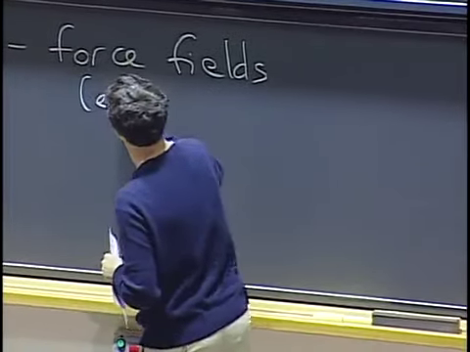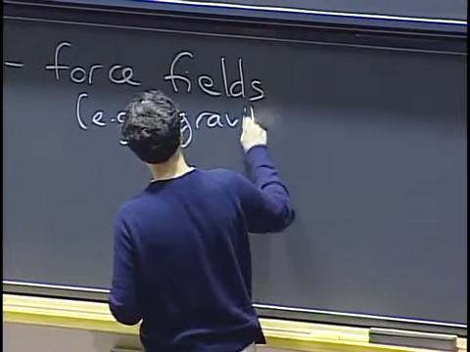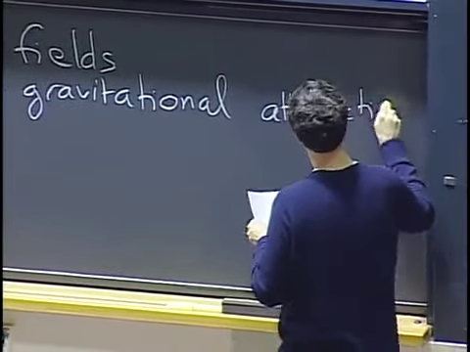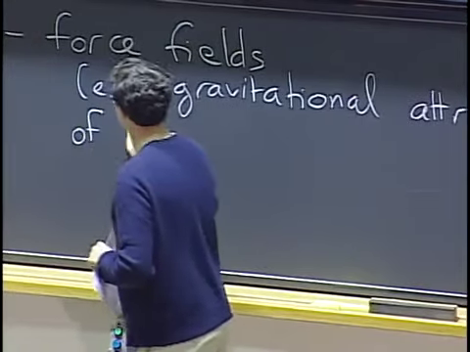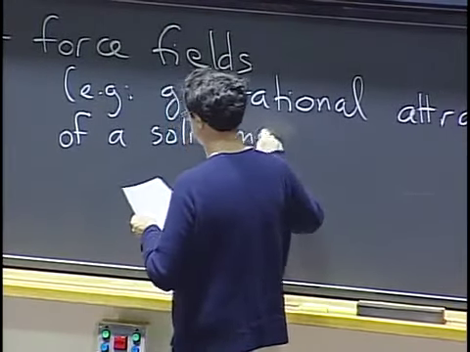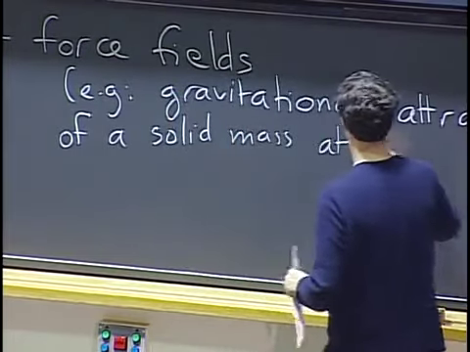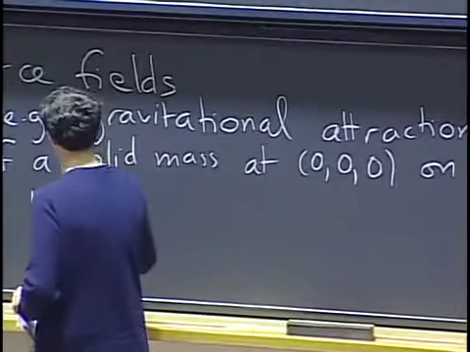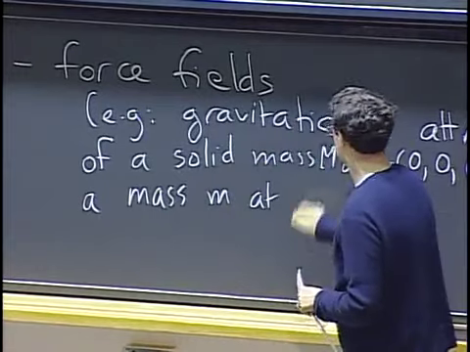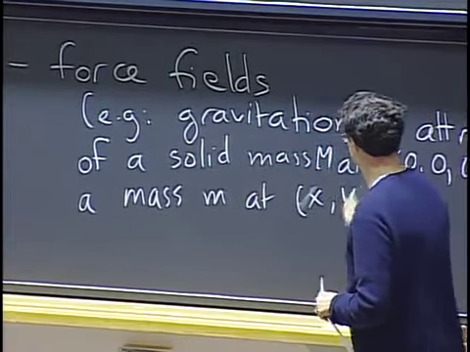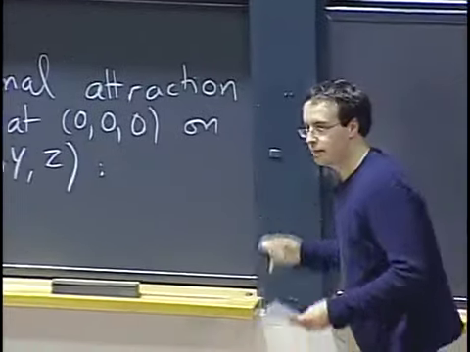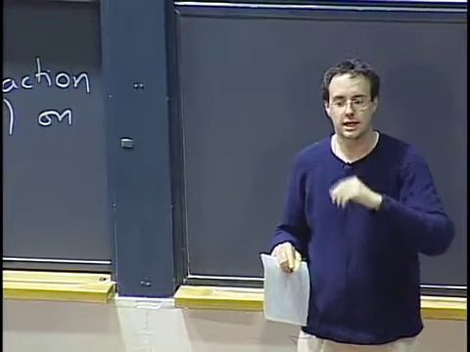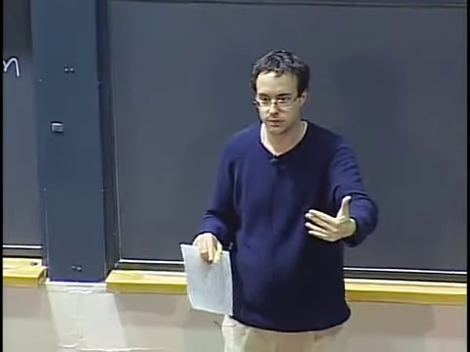So, for example, the gravitational attraction of a solid mass at the origin on a mass m, let's call this mass big M, at a point x, y, z, that would be given by a vector field that points towards the origin and whose magnitude is inversely proportional to the square of the distance from the origin.